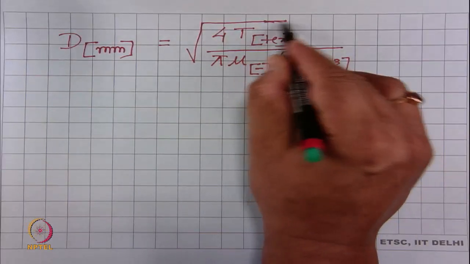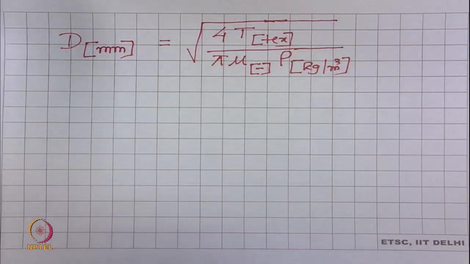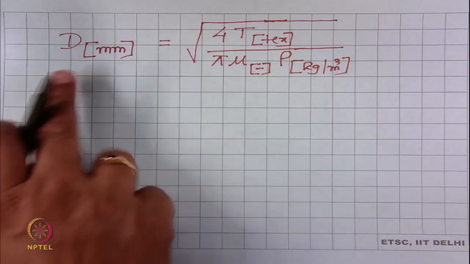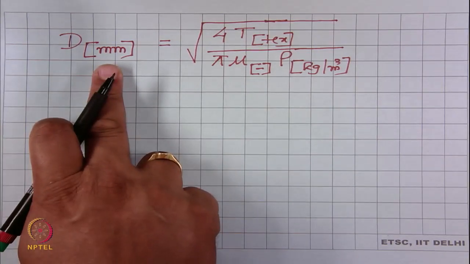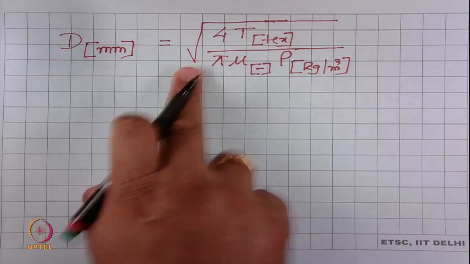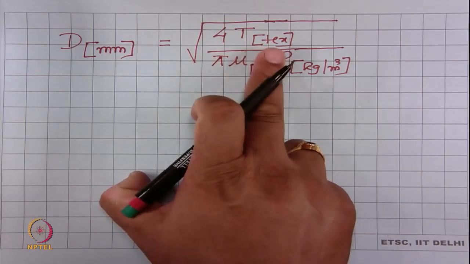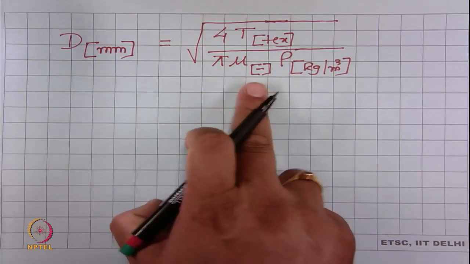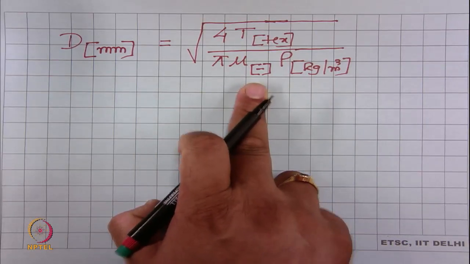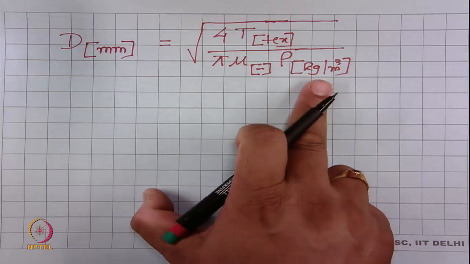You can verify this is a balanced expression. So, diameter in unit millimeter is equal to square root of 4 times T, T is yarn fineness index, pi mu is dimensionless packing density, rho fiber density in kg per meter cube.